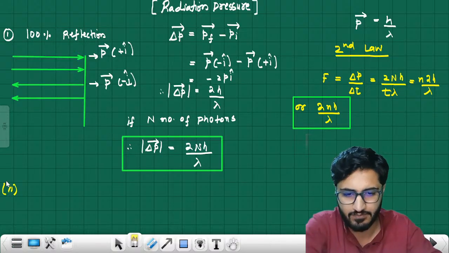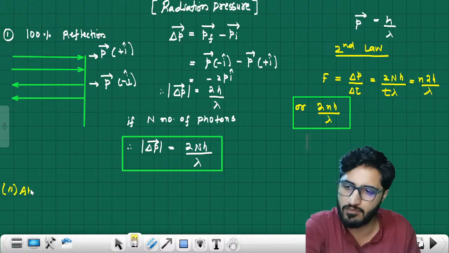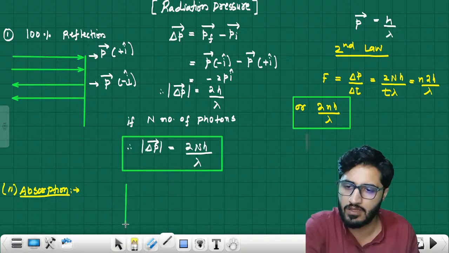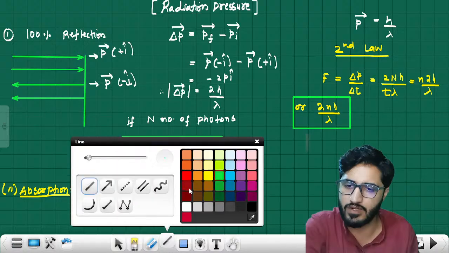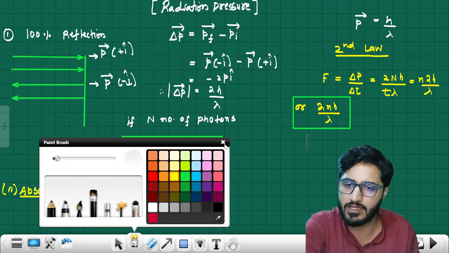If now we will deal with absorption. Absorption means if we are having something like this, and light is falling on it, there is no reflecting back, nothing like that.